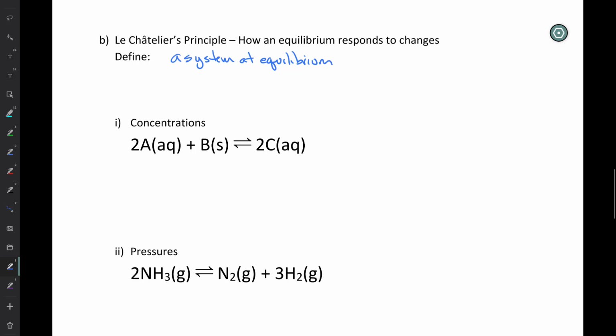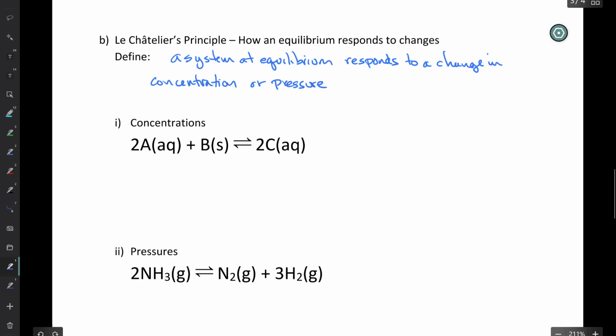Responds to a change in concentration, that's for aqueous reactions, or pressure, to minimize that change.